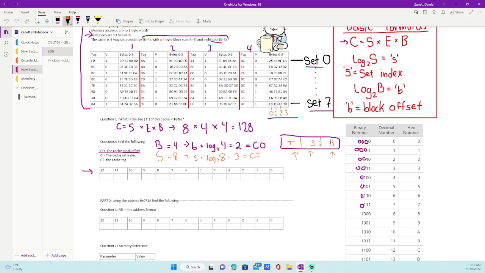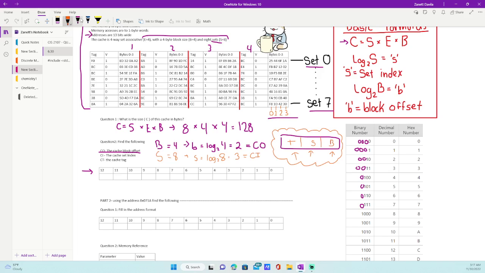I highly recommend memorizing however you want to do it, TSB, SBT, BST, whatever you want. But I highly, highly recommend memorizing this order right here. I'm going to put it in a bubble because this is very, very important. This is going to tell you where you're going to place it.